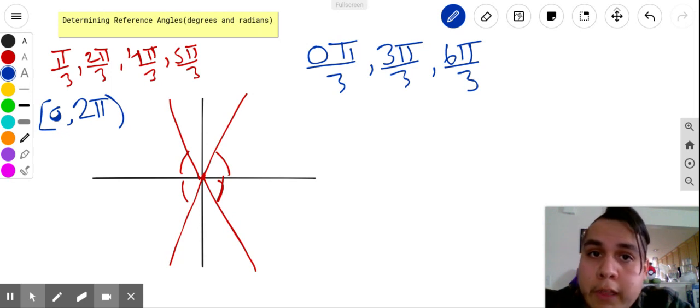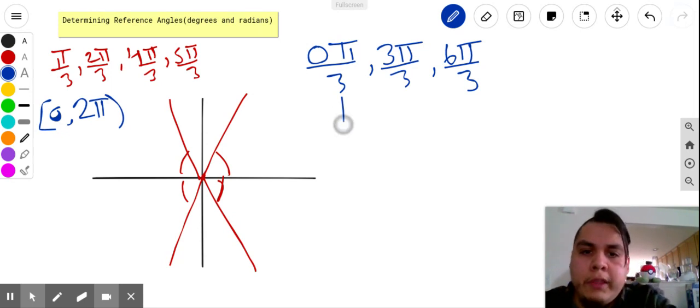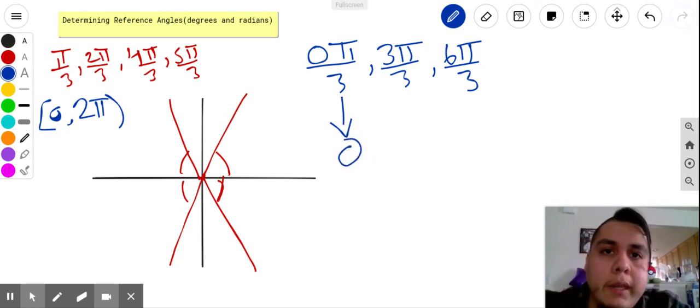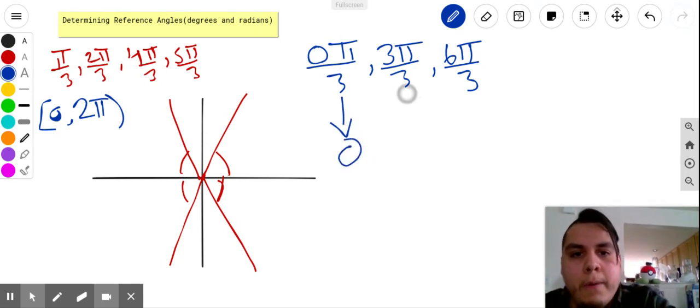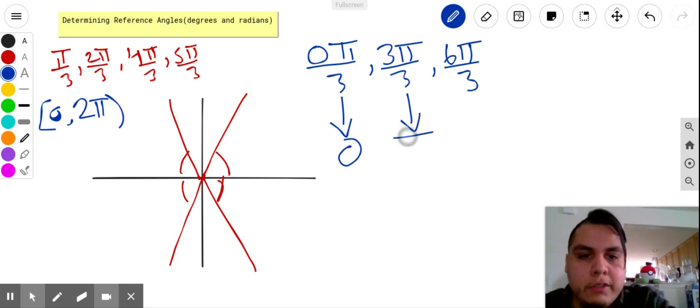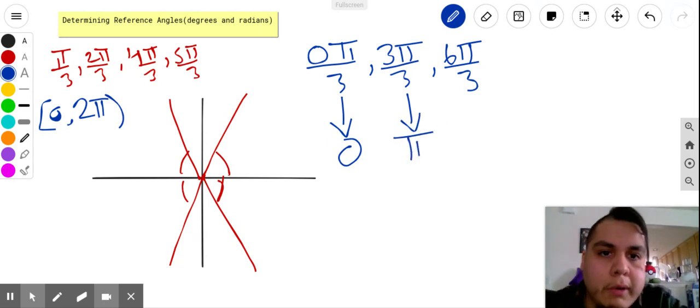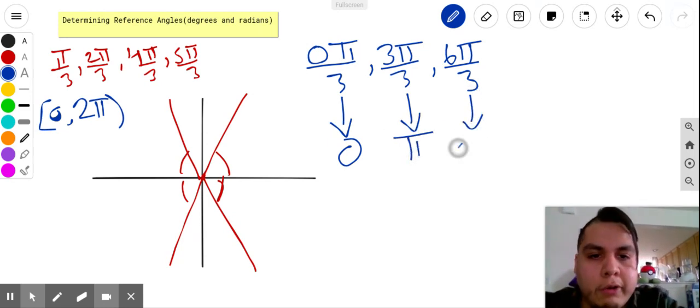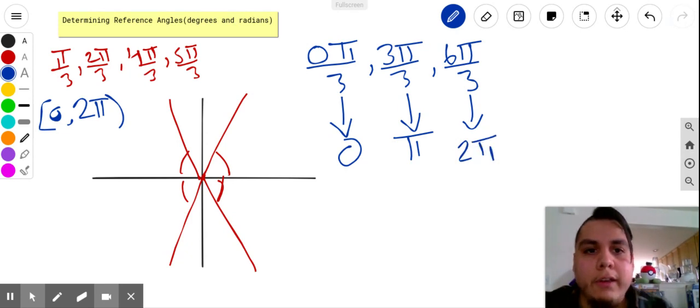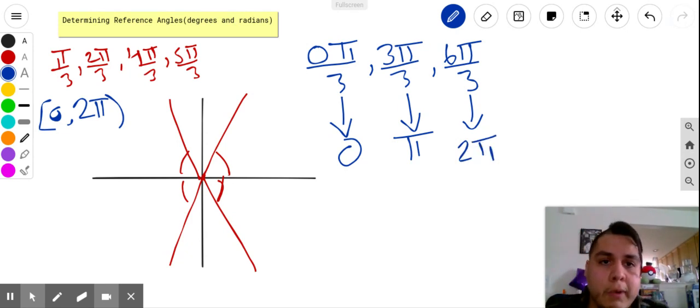But everything else was included, and here's why. Well, 0 pi over 3, that's just 0. That corresponds to another reference angle. 3 pi over 3, well, that's just pi. That corresponds to another reference angle. 6 pi over 3, that corresponds to 2 pi. That corresponds to a different reference angle.